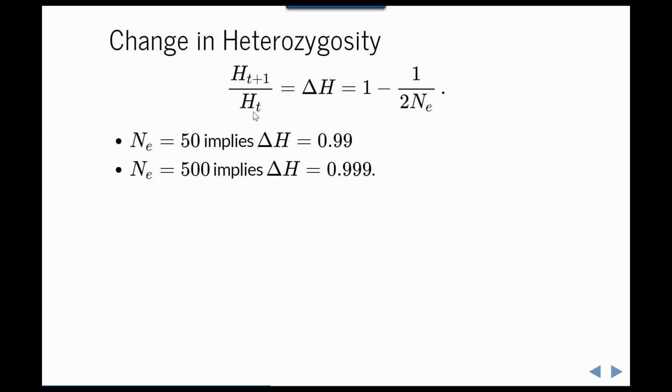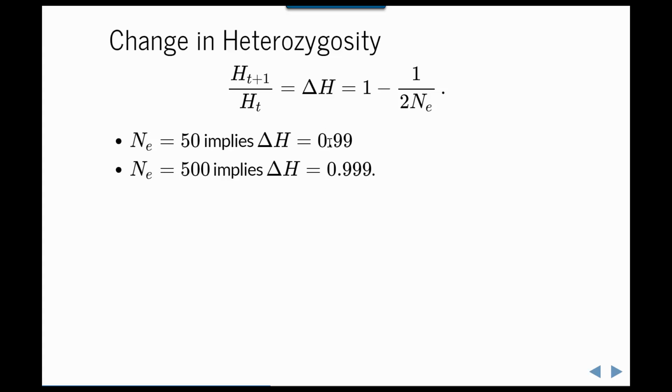Here's what that equation looks like for heterozygosity. So the heterozygosity next year divided by the heterozygosity this year, that's the change in heterozygosity, is just 1 minus 1 over 2 times the effective population size. So that rule of thumb that people often use, 50 implies a change in heterozygosity of 0.99.